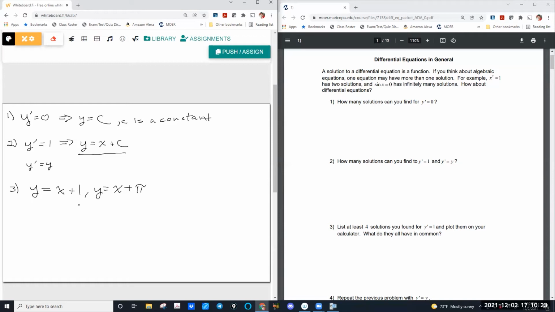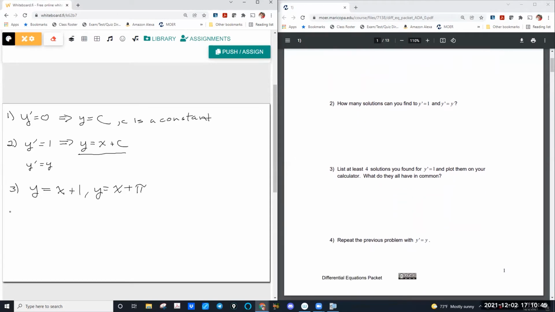If you want to get a little creative. Any linear function with a slope of 1 satisfies the equation y prime equals 1. Okay. What this creates is a series of parallel lines, because what they have in common is their derivative, or their slope.